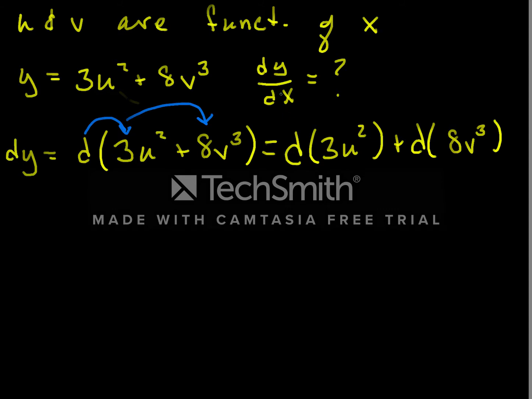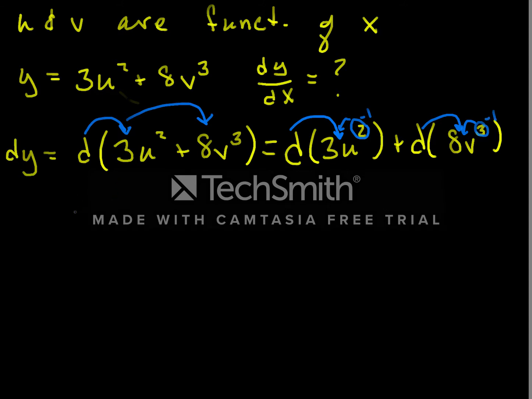Now the differential will slide right past the constant, and we've got a power rule, so this exponent comes down and becomes my coefficient and reduces by 1. Same here, the differential slides right past the constant. I've got a power rule, so this becomes my new coefficient, and that reduces by 1.